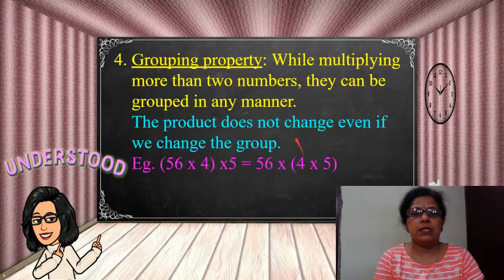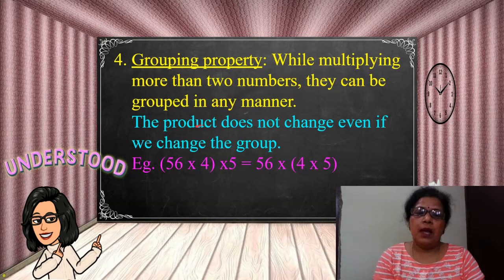Fourth property is the grouping property. While multiplying more than two numbers, they can be grouped in any manner. And the product does not change even if we change the group. Means, let's take this example. 56 into 4 into 5. Suppose we have to multiply these three numbers.